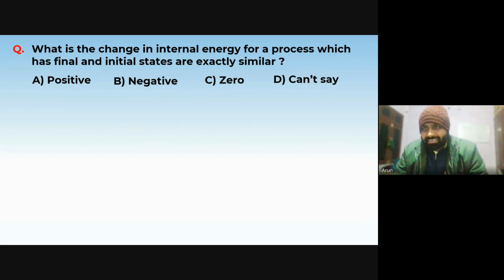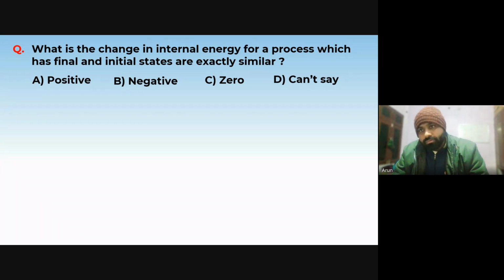Write the correct option in your chat box. Zero, C. Only two students have answered. What about the others?